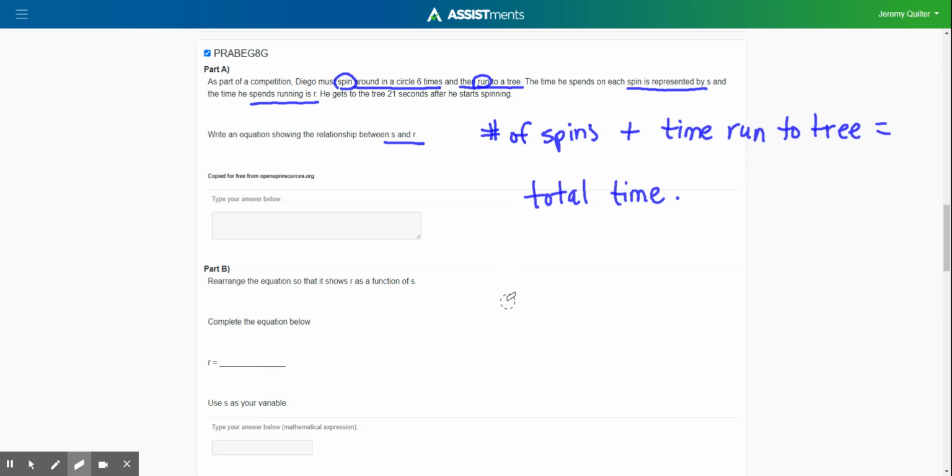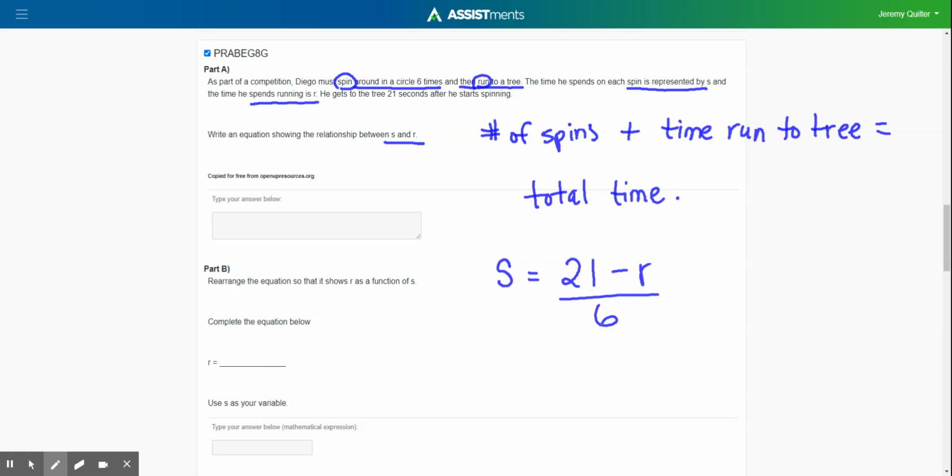Let's say that if we're talking about the number of times around the tree, S is equal to 21 seconds minus the number of times around the tree divided by 6. There's a good spot for it. Question is, how would you get R by itself?